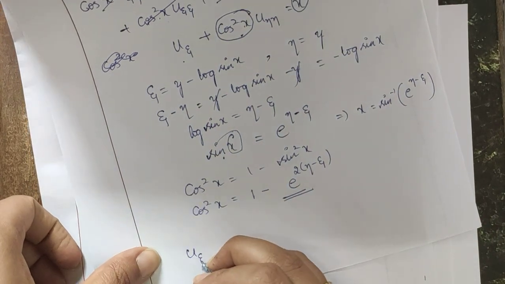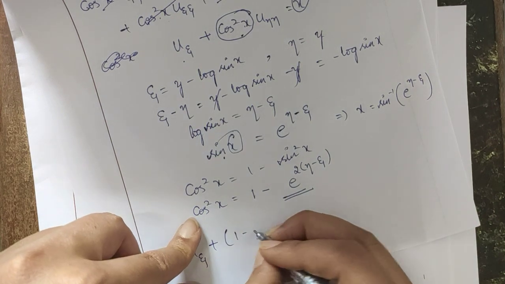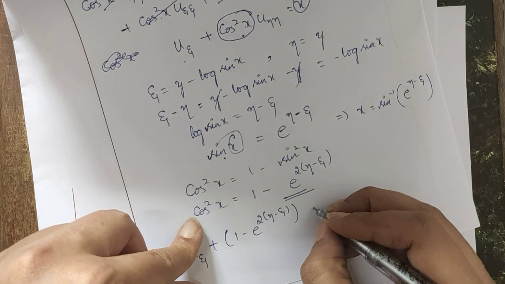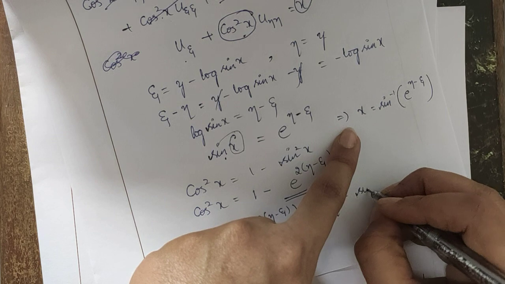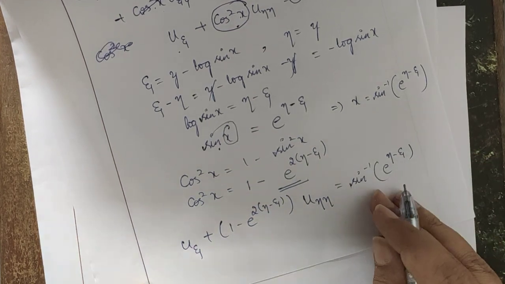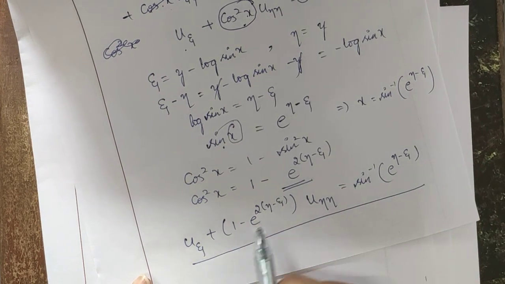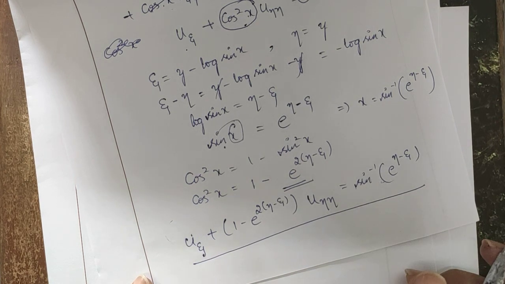You will get u xi plus cos square x is nothing but 1 minus e power 2 into eta minus xi, which is into u eta equals sin inverse of e power eta minus xi. So now you can observe the complete solution is a transformed equation of xi and eta plane. So this is nothing but transformation of the given partial differential equation into its canonical form.